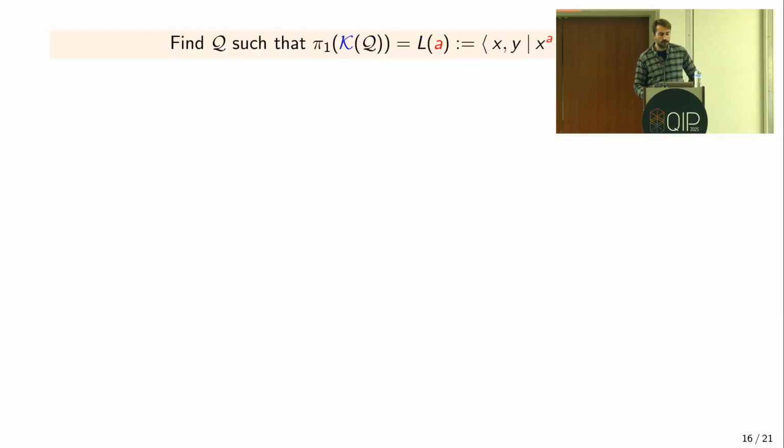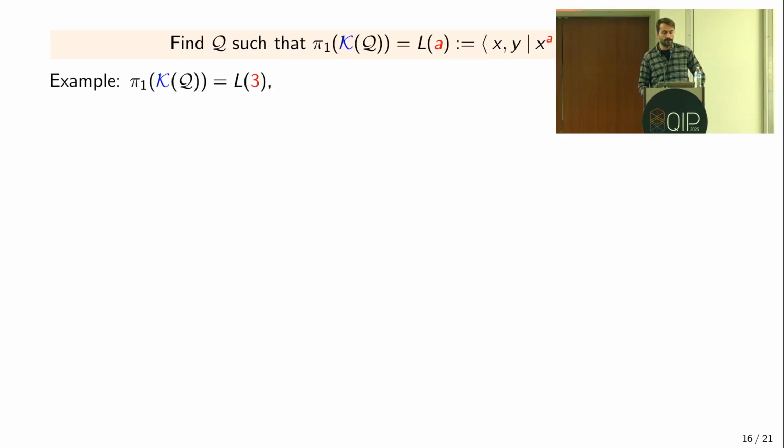So our first example is the following exercise. We will find a code Q such that the fundamental group of its Tanner-Cohn complex is equal to this group L of A, which has two generators, X and Y, with the relation X to the A equals Y to the A. So it's a one-relator group, one of the simplest groups you can think of.